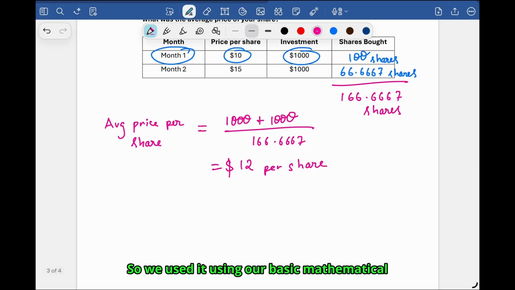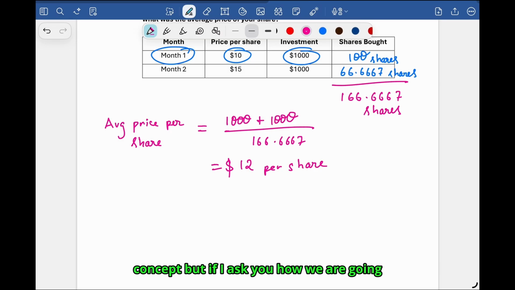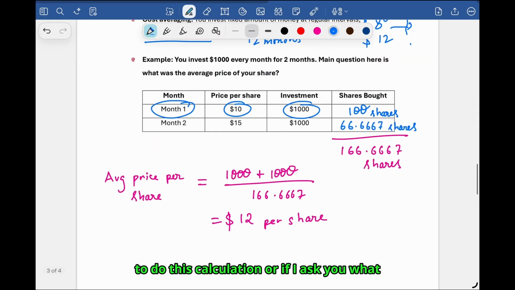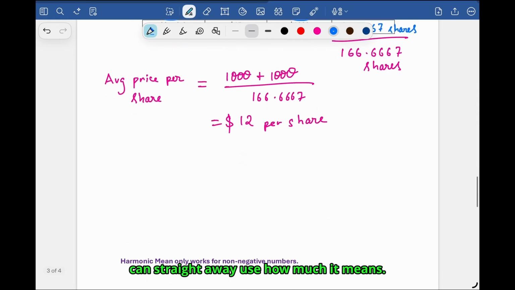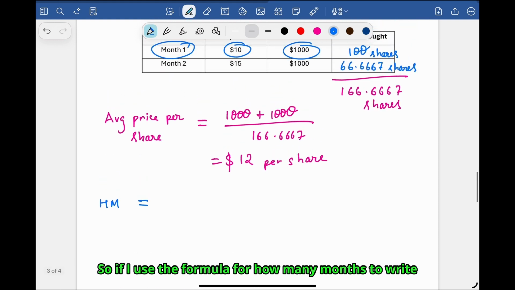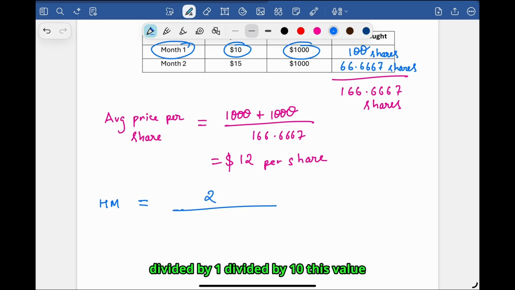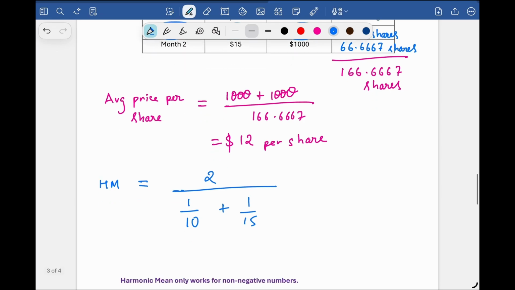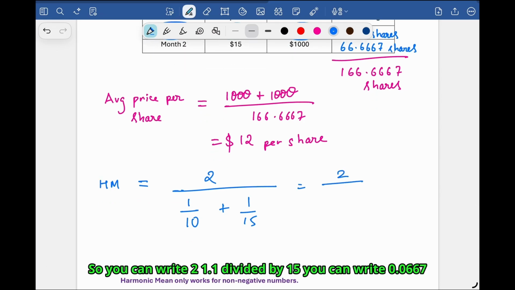So we did it using our basic mathematical concept, but if I ask you how we are going to do this calculation, or what is the average price of your share, you can straight away use harmonic mean. Using the formula, for how many months, 2, divided by 1 divided by 10, plus 1 divided by 15.